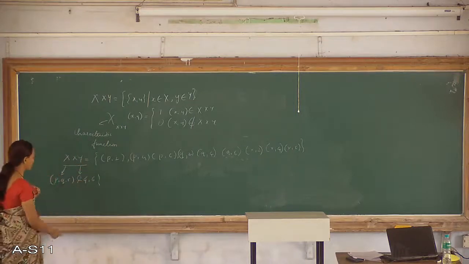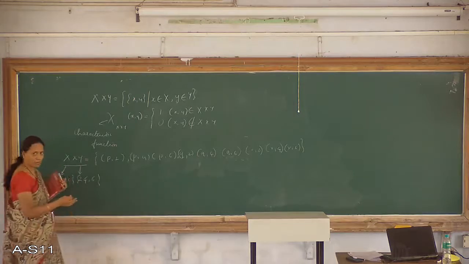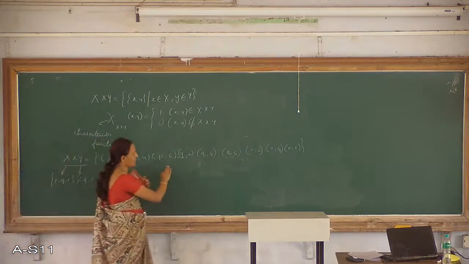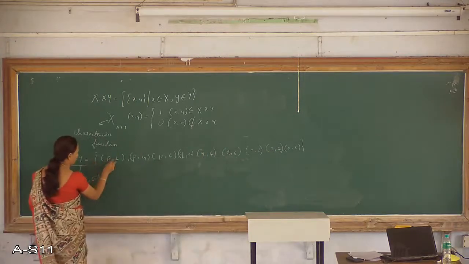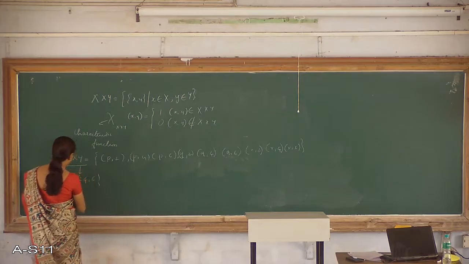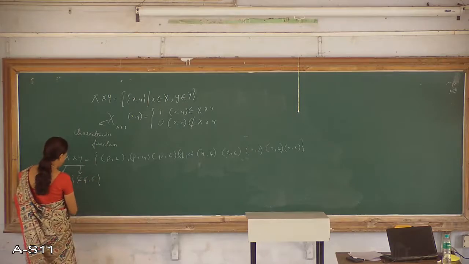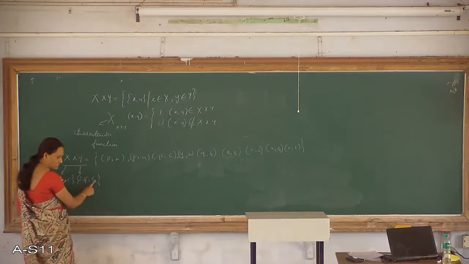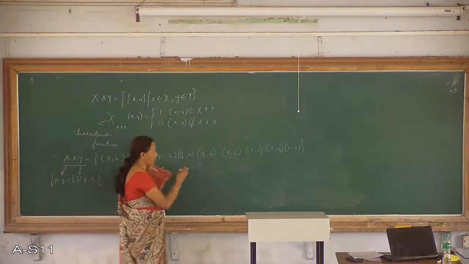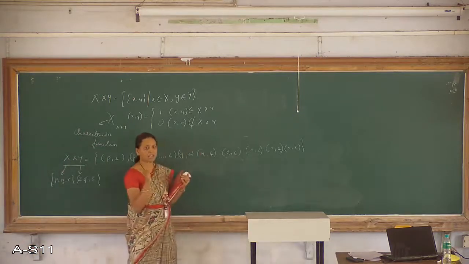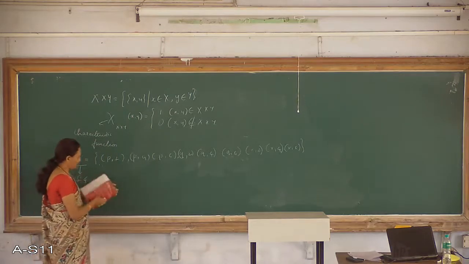These are the two sets belonging to x and y. When I perform the Cartesian product, it gives the product of all these: every element of x is having the Cartesian product with y.